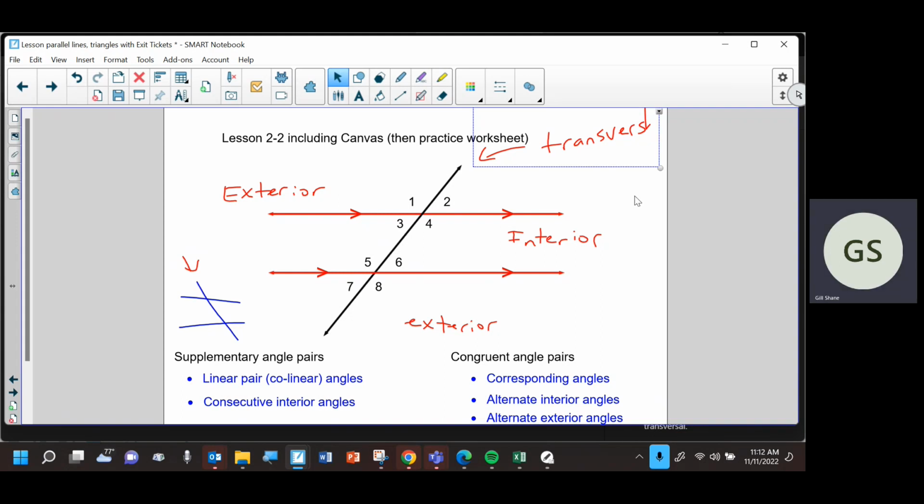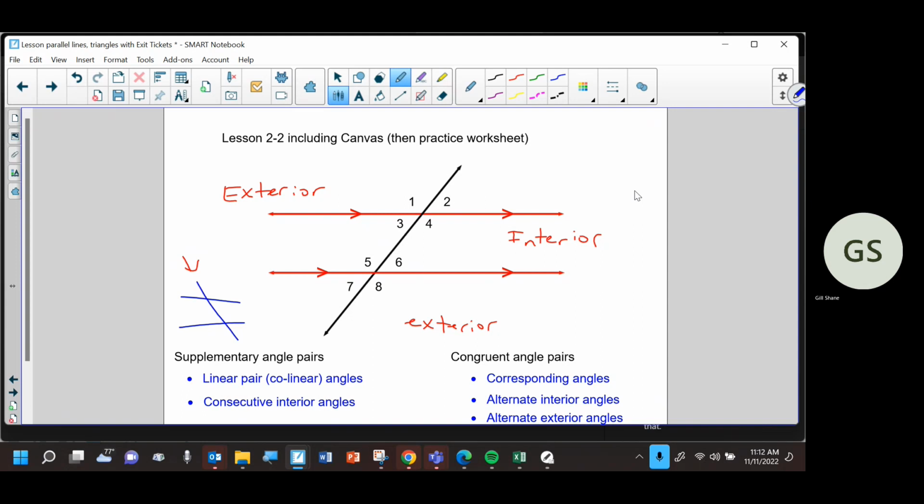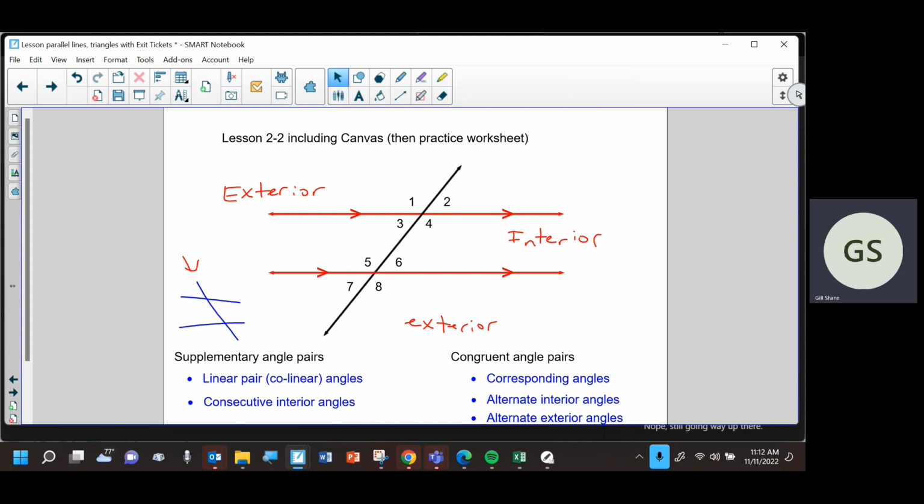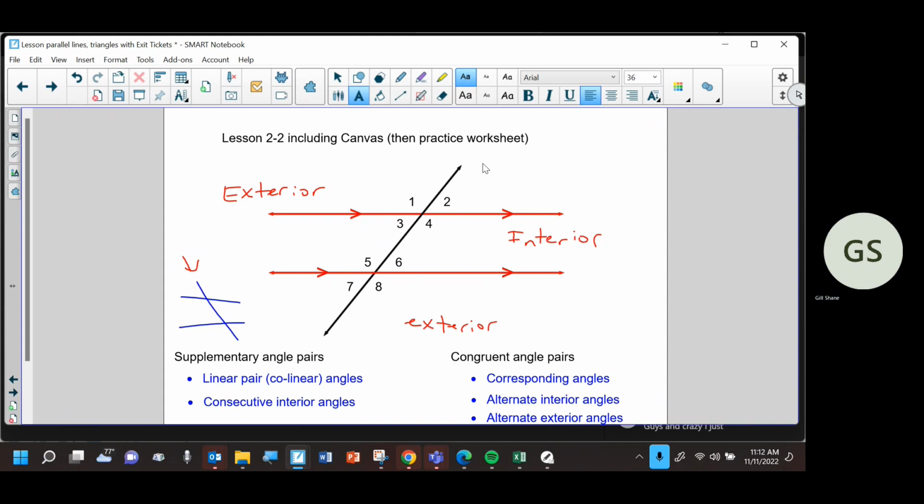I fixed that. Let's see if it works now. Oh, still doesn't work. All right, here. Sometimes if I write in a different part of the board, it actually works. So let's try that. Nope, still going way up there. Okay, let's do this. Drives me crazy. I just don't get it.